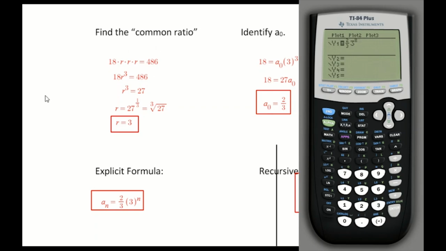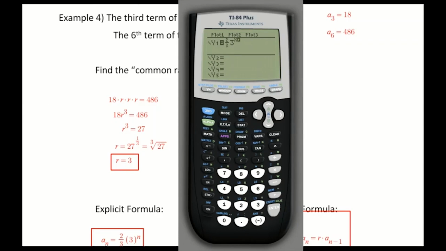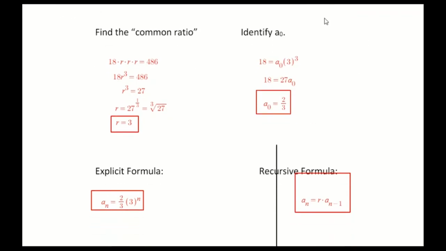And let's check those two terms they gave us up front, right? It said a sub 3 was 18 and a sub 6 was 486. So if I look at the table, just to make sure my sequence is right here, the third term is 18, the sixth term is 486, so we are in business here. Okay, I'm just going to get rid of this calculator. I don't think we really need it from here on out.